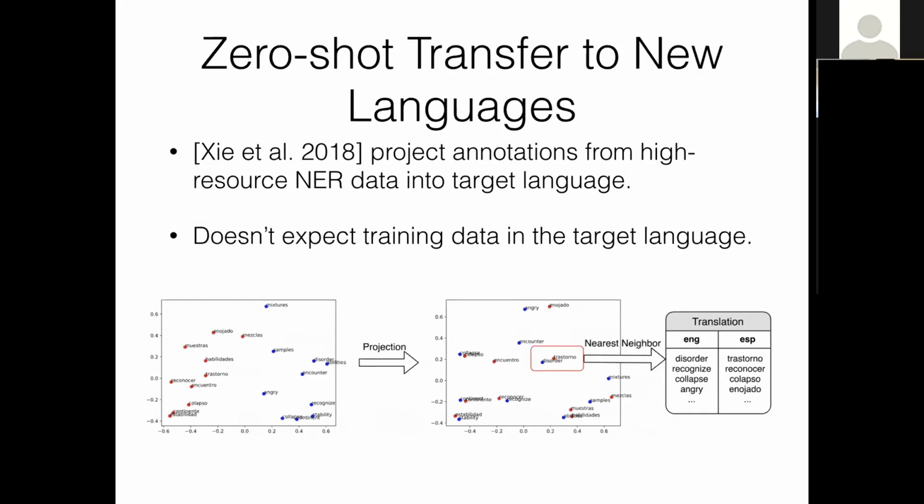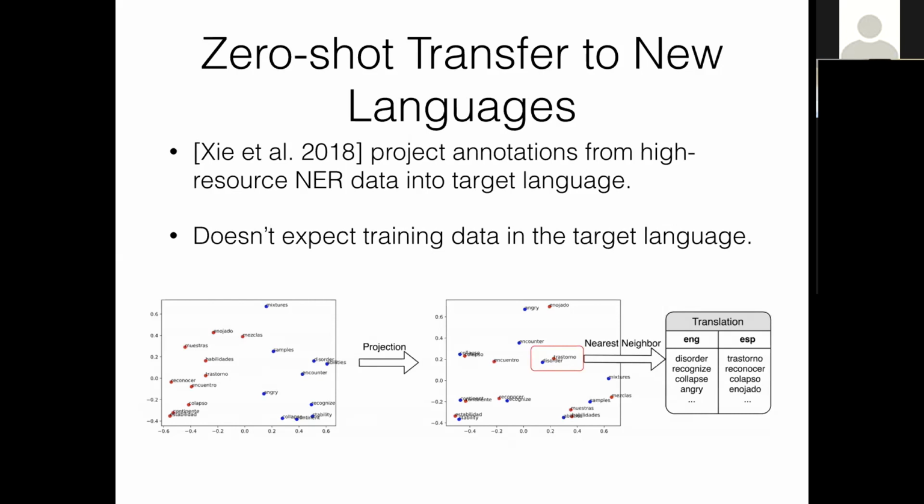So Xie et al. basically project annotations from high resource NER data into a low resource target language. And how they do it is that you have monolingual representations of two languages. Here, the red dots show the monolingual representations for Spanish, and blue dots are the monolingual word representations for English.